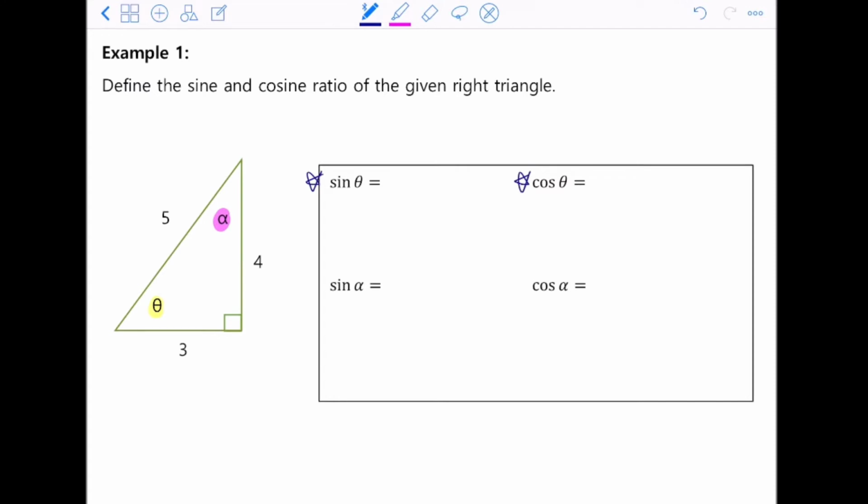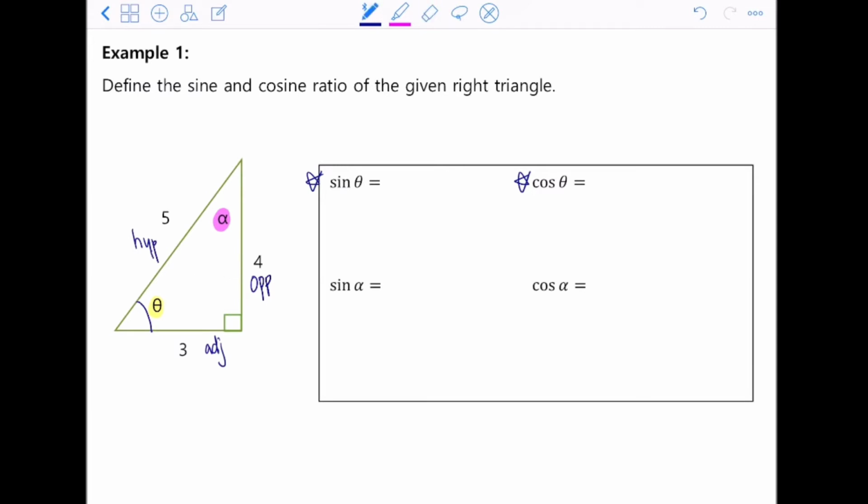Let's first label the names of the sides relative to angle theta. The side that's opposite to angle theta is called the opposite side, the adjacent side is the one touching the angle, and the longest side of the right triangle is the hypotenuse.